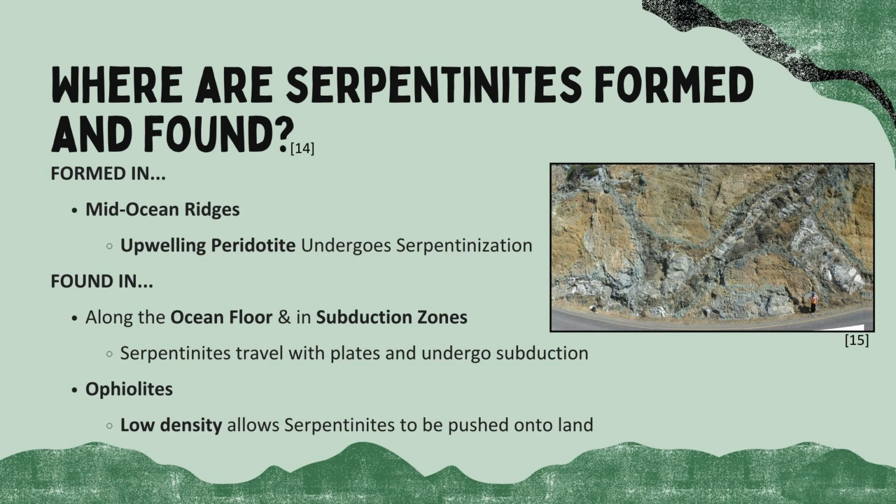Due to this formation location, we can find serpentinites in a variety of places, but mainly on the ocean floor, in subduction zones, and near the shoreline as ophiolites. Serpentinites form almost immediately after mantle peridotite upwells and continues to travel as ocean floor with various tectonic plate movements.